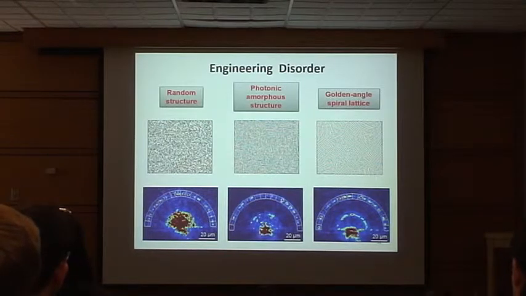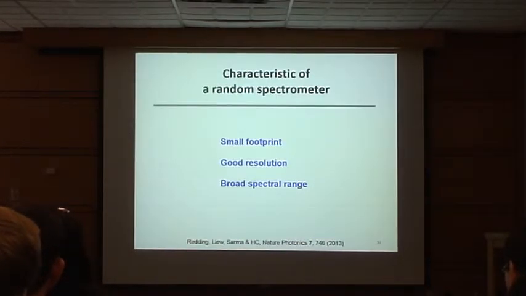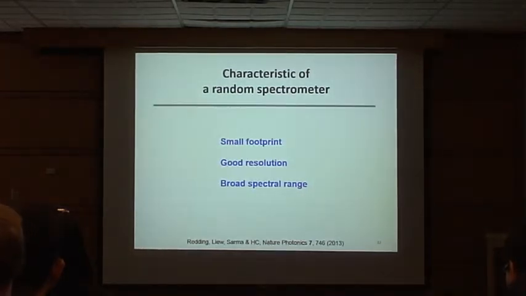You can see here, you have a lot of vertical loss. Here you really have nothing coming from this sample. This part is because of impedance mismatch at this input. But if you see here, you can really minimize the vertical loss. Okay, so with that, let me try to summarize what this random spectrometer is. It's really pretty small because I wrapped all the glass inside the finite footprint. And it has very good resolution because I can really use microscopy to increase the spectral diversity.